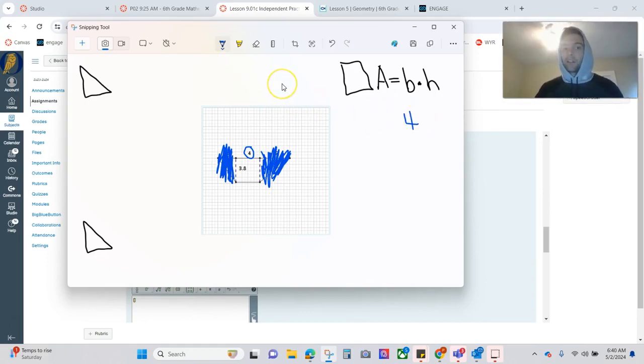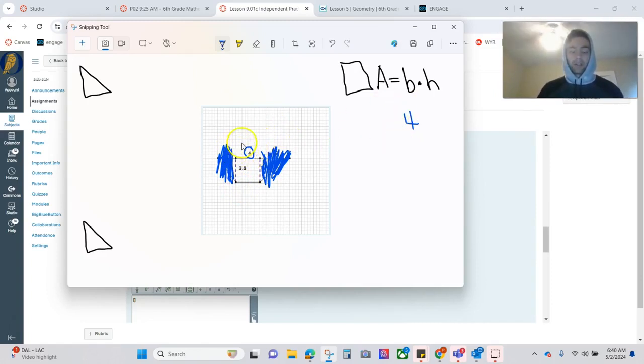Now, the base also has to have the height coming out of it at a perpendicular angle, like a plus sign coming straight out of it. It looks like the side with the 4 does have the height coming straight out of it, or going straight into it. Otherwise, it can't be the base.